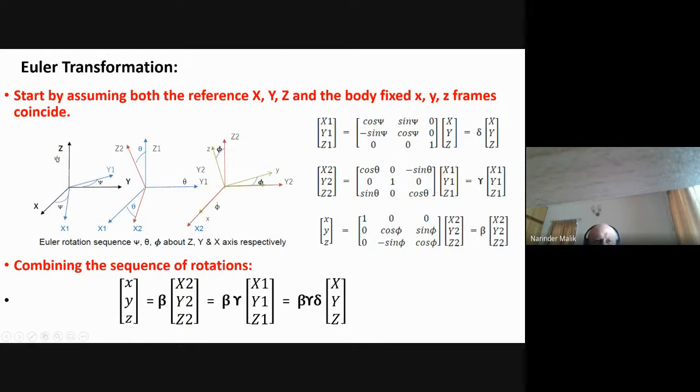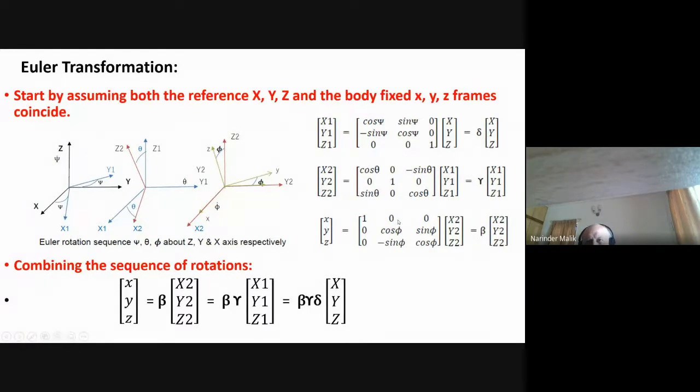Now, to start with, the Euler rate is along the z-axis, so z1 is also psi dot. I substitute 0, 0, psi dot. Now when I give the second rotation theta, theta is about the y1 axis, so theta dot will come here, and x1 was the psi dot, so theta dot and psi dot will come here, and this is 0. So you expand this.